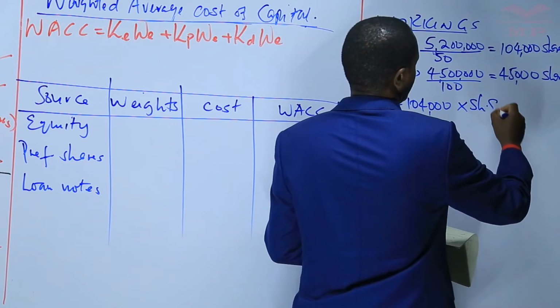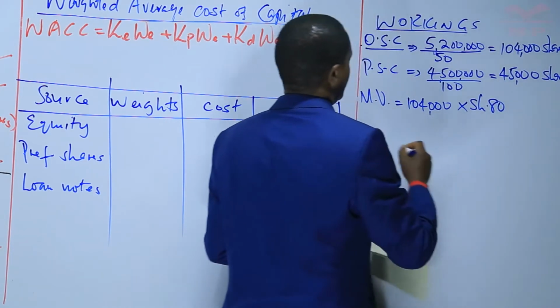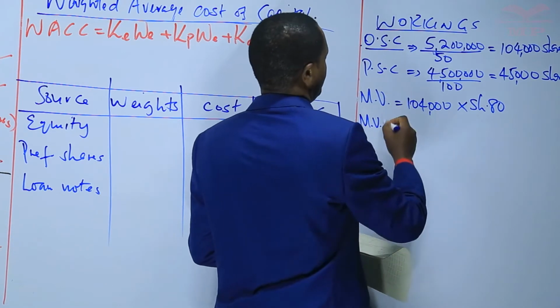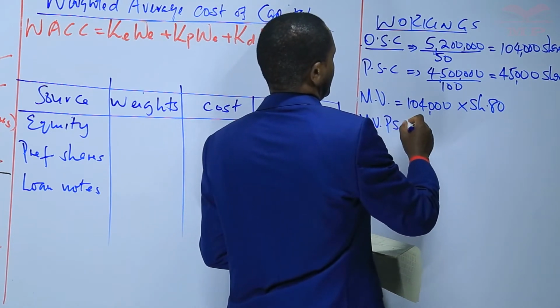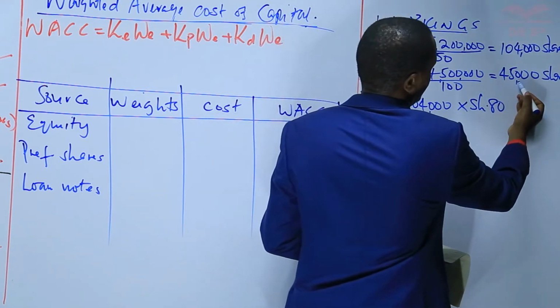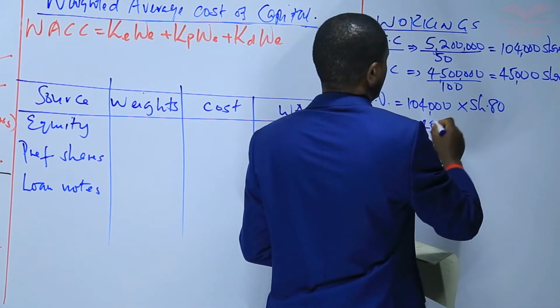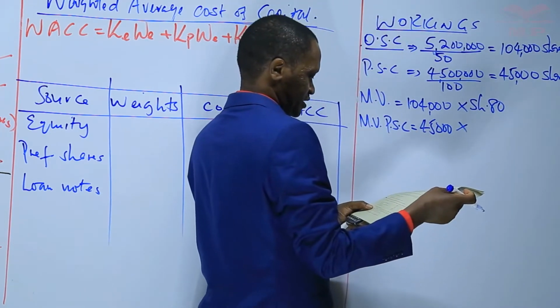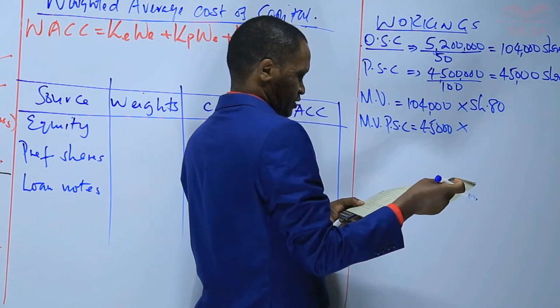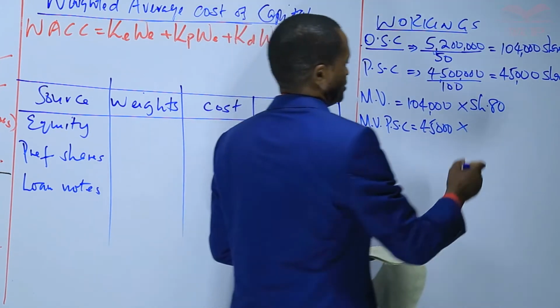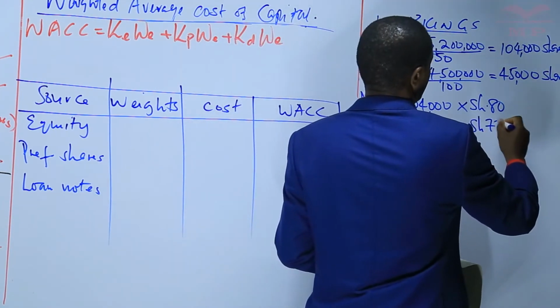Then the market value for preference share capital is 45,000 times the market price of preference shares, 72 shillings per share.